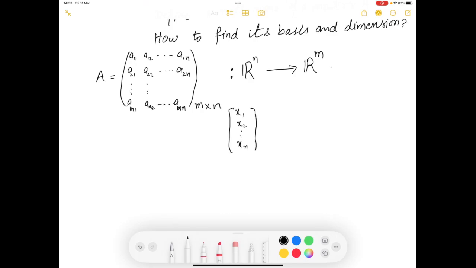This is a vector in Rn, and this is mapped to a vector: the matrix a11 to a1n, am1 up to amn, multiplied with this vector x1 to xn. When we multiply this matrix with this vector, we will get a vector in Rm.